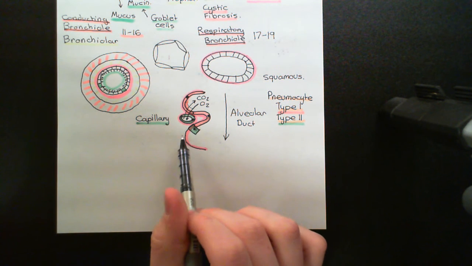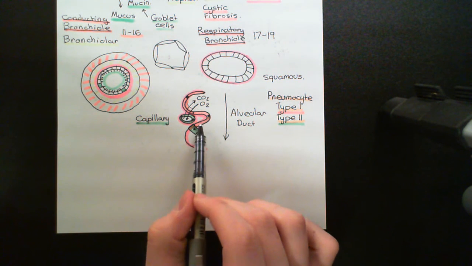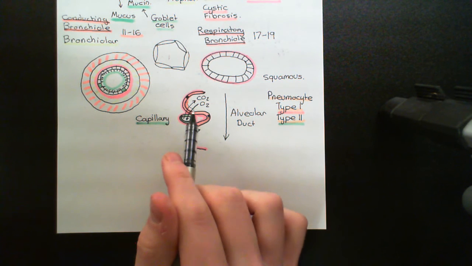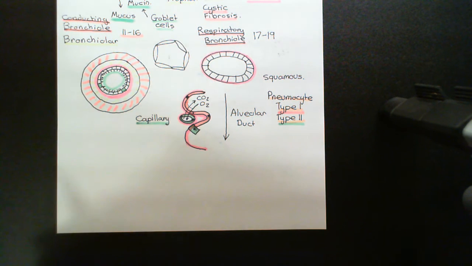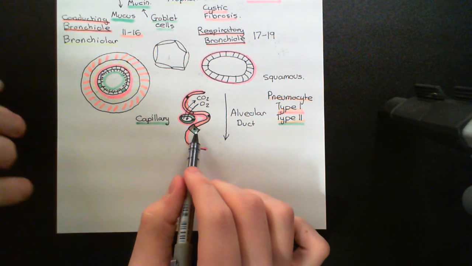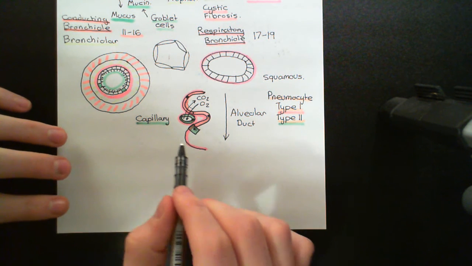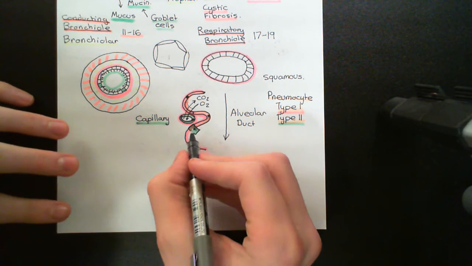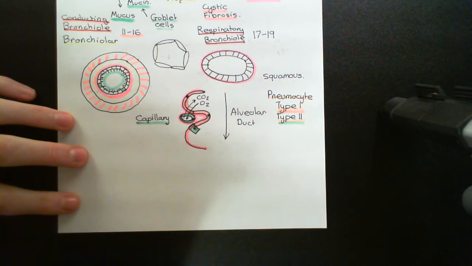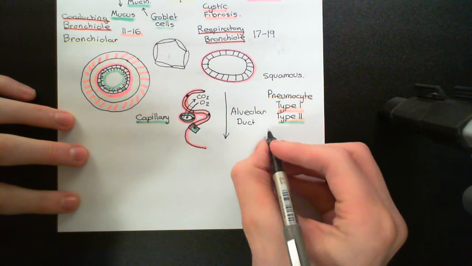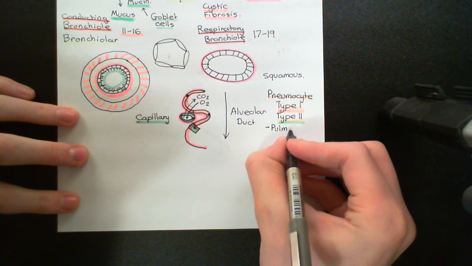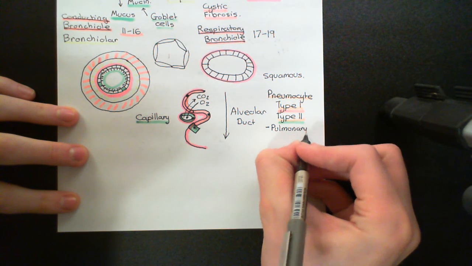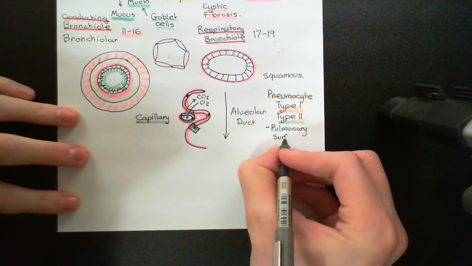They are an epithelial cell fundamentally, but the type 1 pneumocytes are the perfect type of epithelial cell to have here to reduce the diffusion distance as much as possible. So why suddenly do we have these epithelial cells which are great big and columnar like this? Well, these have a specialized function separate from what the type 1 pneumocytes do, and that is that they secrete a fluid known as pulmonary surfactant. So they are responsible for the production of pulmonary surfactant.